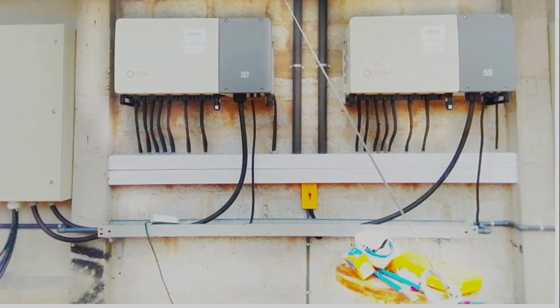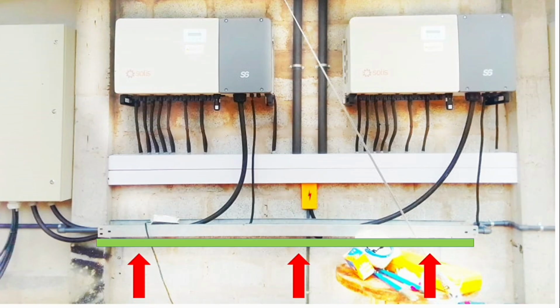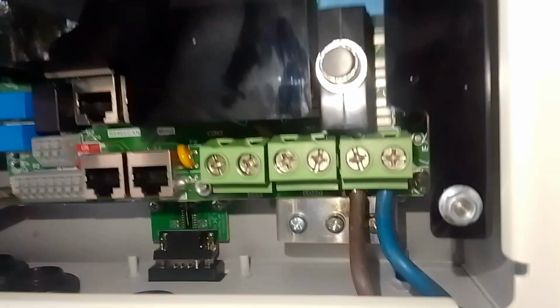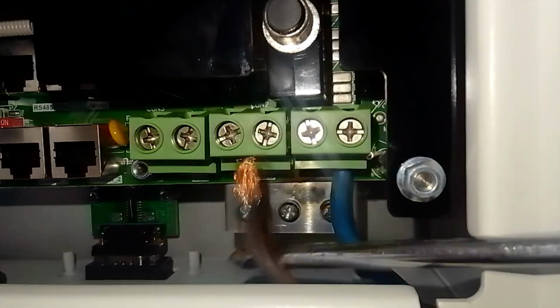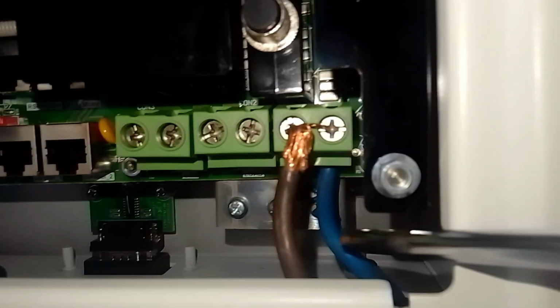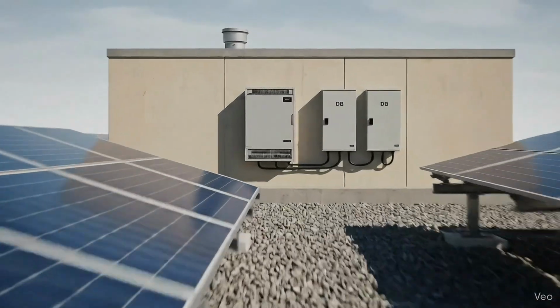And also remember to install a cable ladder as a support for the AC cables, otherwise the whole weight of the cables will go to the cable lug. And also make sure to tighten all cables and lugs to the appropriate level when connecting to the distribution board, otherwise loose wires will cause a fire in the system.